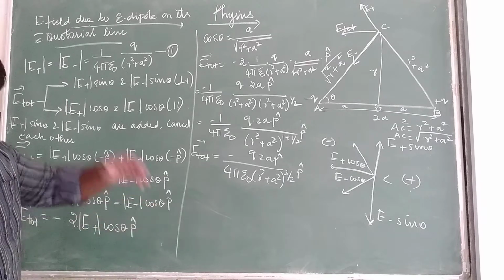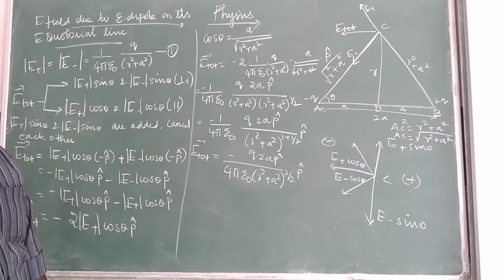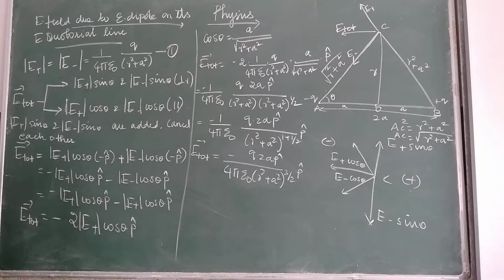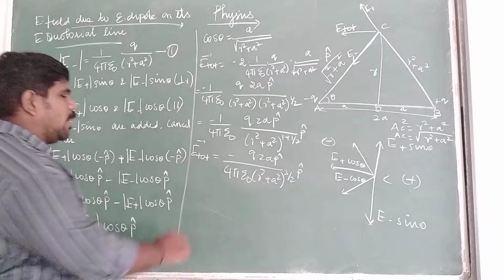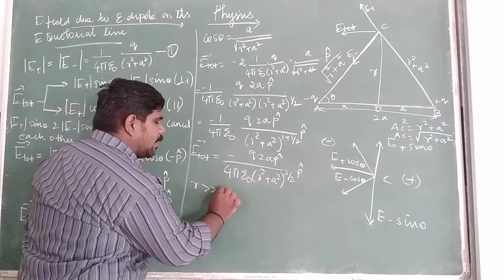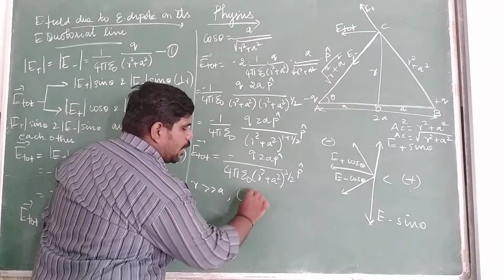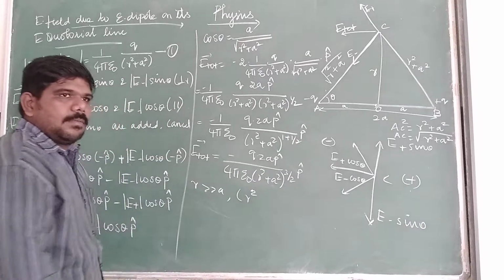Okay, then if the distance is greater, if a point C is far away from a dipole, it means R will be greater than A. So here A square will be neglected.